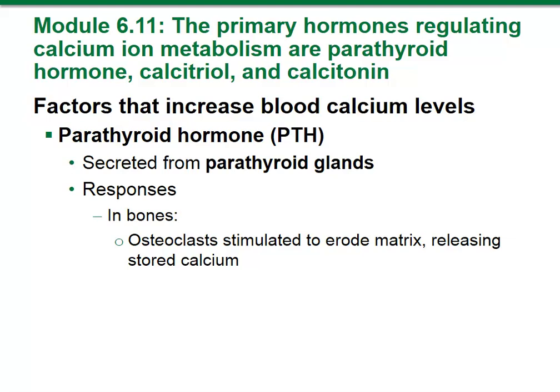You can't see it here. These are the thyroid gland, but you'd have to actually take the thyroid gland off and look behind it to see the parathyroid. So what happens is in your bones, osteoclasts are stimulated when PTH is released, and it starts eroding the matrix, and therefore it releases calcium into your bloodstream. So that's parathyroid hormone.